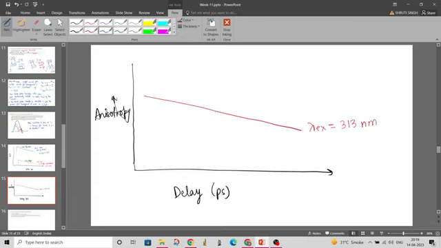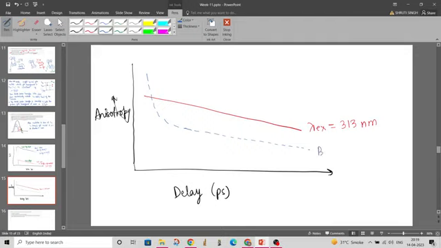And for the blue edge, so the longer time scales are same, but there is a difference in the shorter time scales.